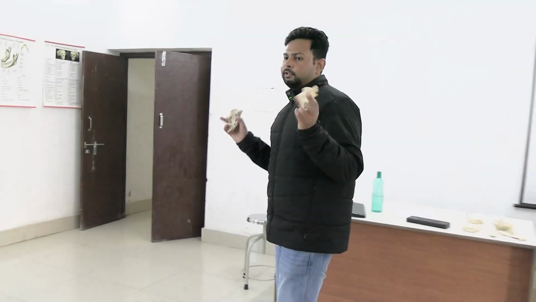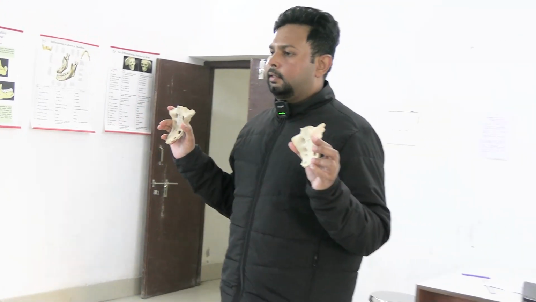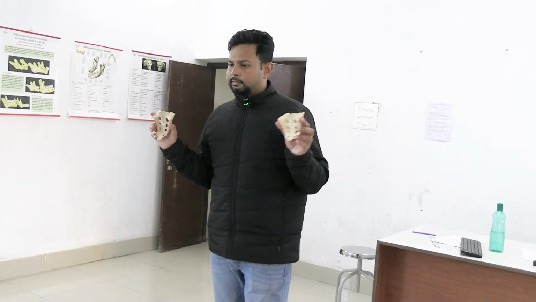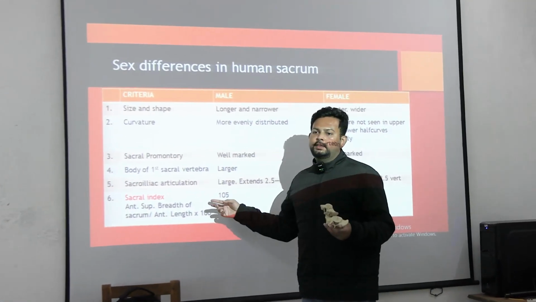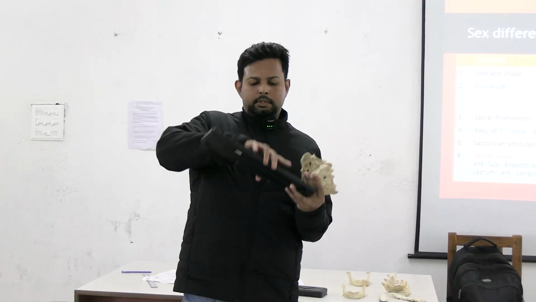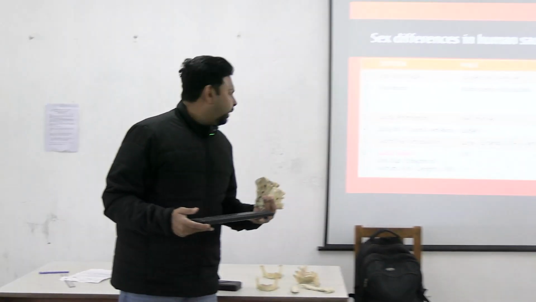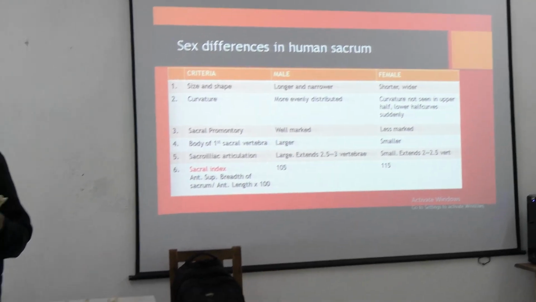This was morphology. Now comes measuring the thing. So metric is always better. Measuring things, we can form indexes and all. So we use 3 indexes. First is the sacral index. Sacral index is the anterior superior breadth of the sacrum by the anterior length.